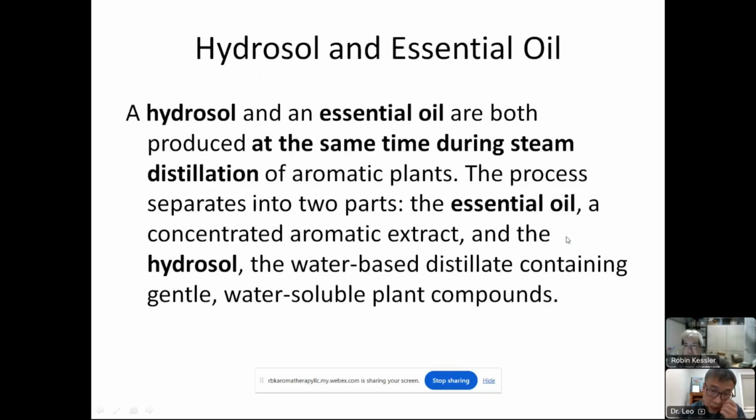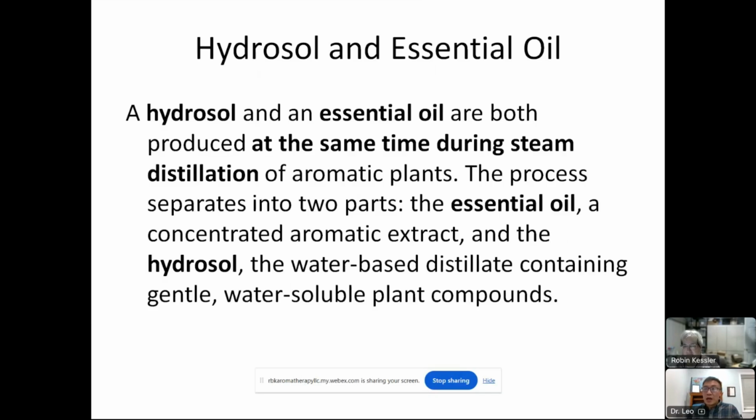First, let's talk about the definition. Hydrosol and essential oil are both made at the same time during the distillation of normally aromatic plants. But generally, you can make hydrosol from any plants. Essential oil is not like that: some plants have more, some have less, some have very rare amounts.